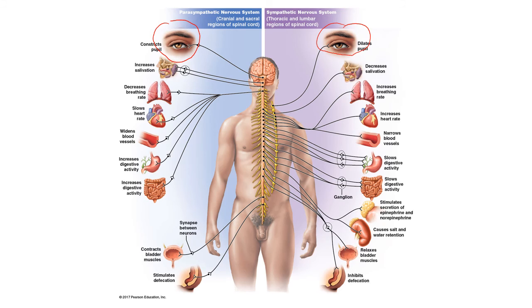Everything here on the right is more of our fight or flight response. Everything on the left can be considered our rest and digest response. So notice that both of these divisions act on the same organs, but they often have antagonistic effects, meaning that one, for instance with the eye, constricts the pupil while the other dilates the pupil.